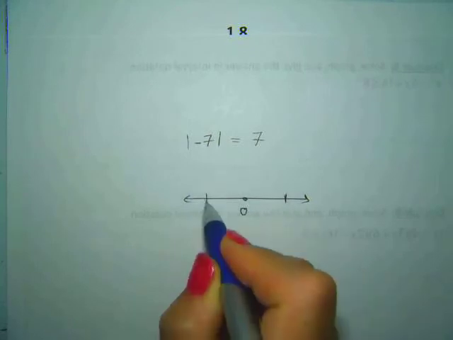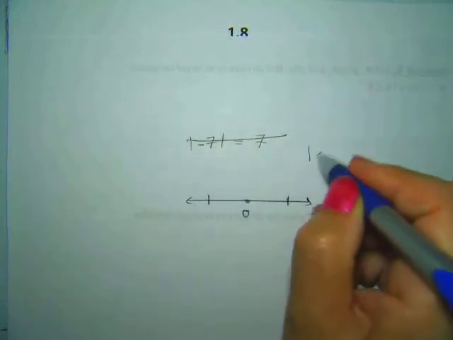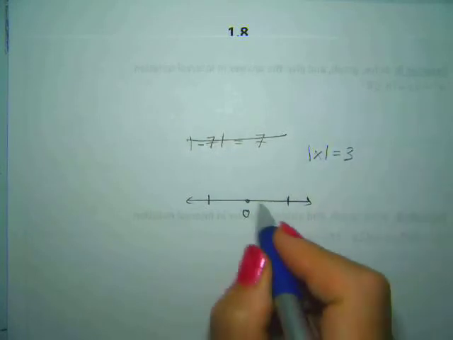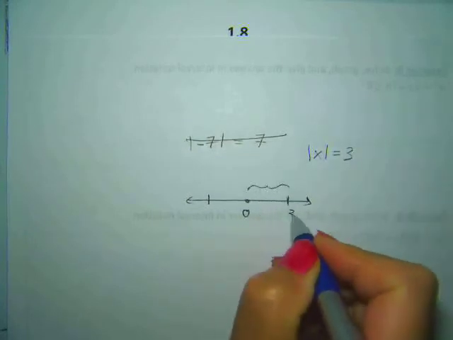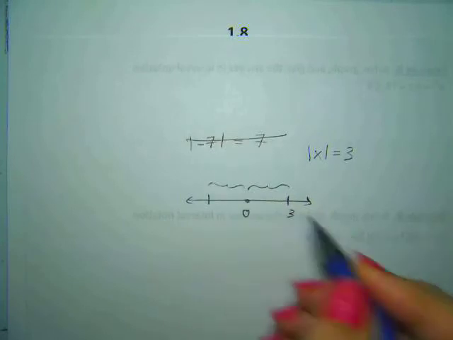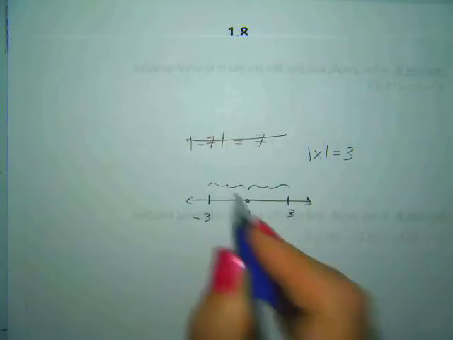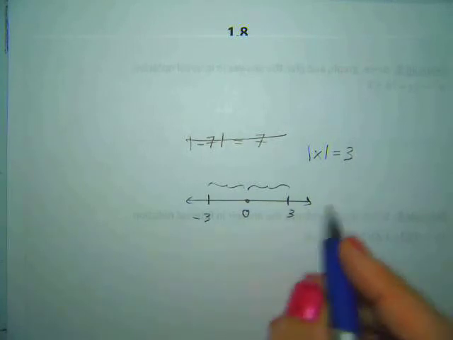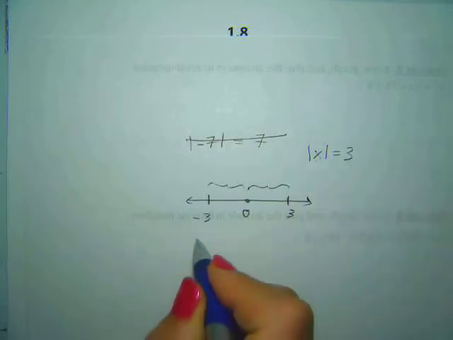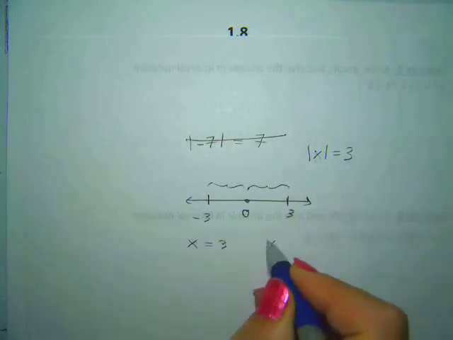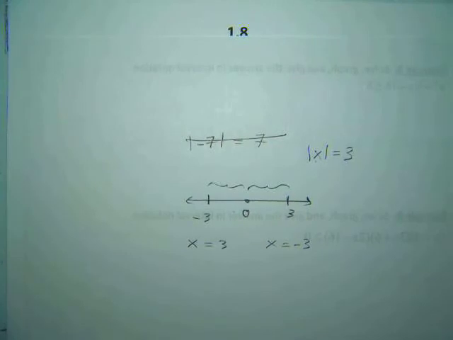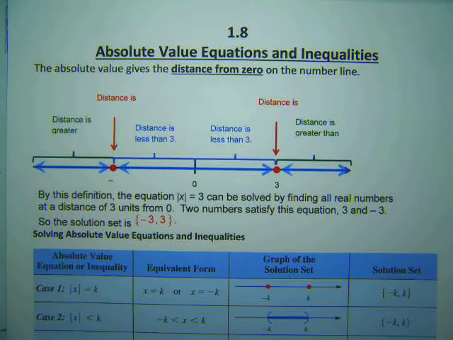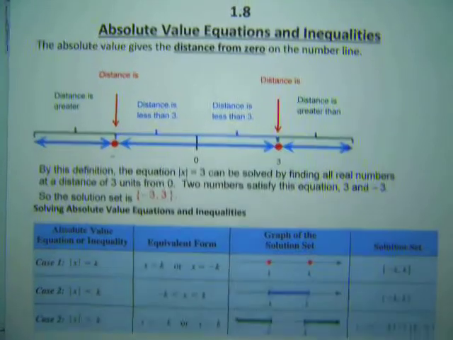So the distance from 0 is 3 units. It didn't say which way, to the left or to the right, it just says distance, and we all know that distance is positive. That's why we take the positive. So if the absolute value of x equals 3, then either x is 3 or x is -3. That covers how we do absolute value equations, as simple as that, which we will look at in a few minutes.